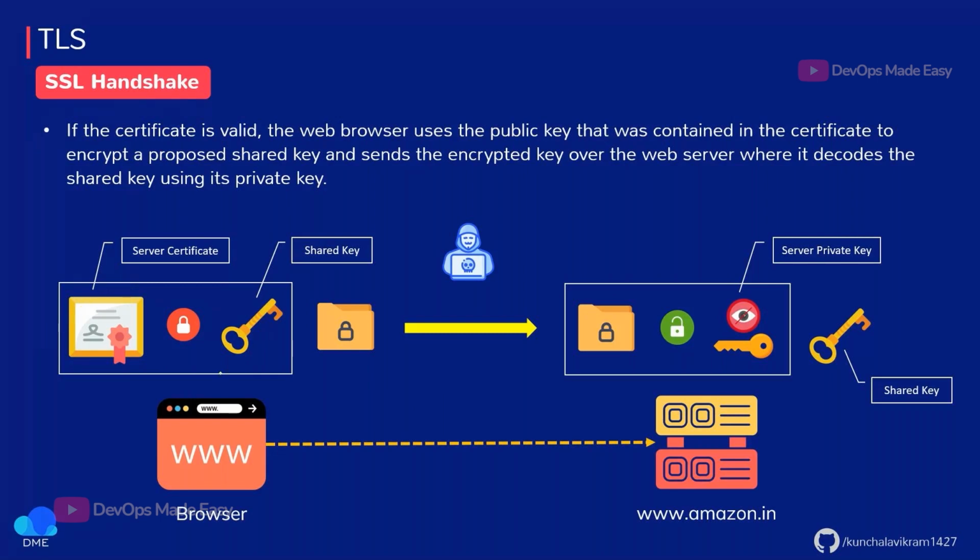Then this data is sent over the internet. Now my server receives that encrypted data. Since it is encrypted with its public key, it will decrypt it with its private key. So that encrypted data is now decrypted. Now what will it have? The key, right? Because I sent only the key.